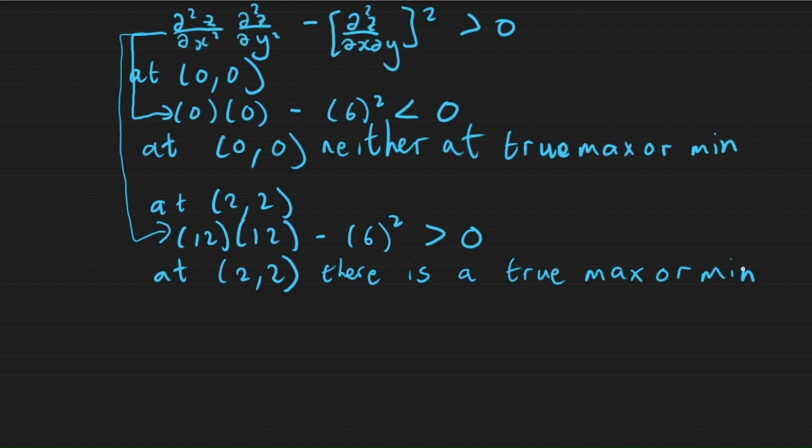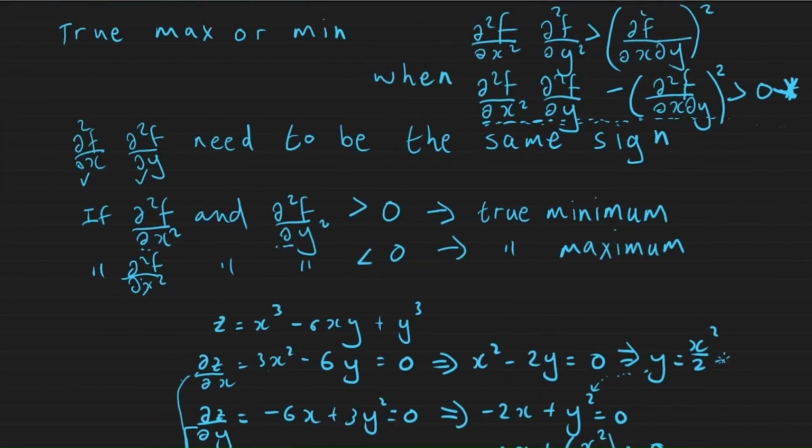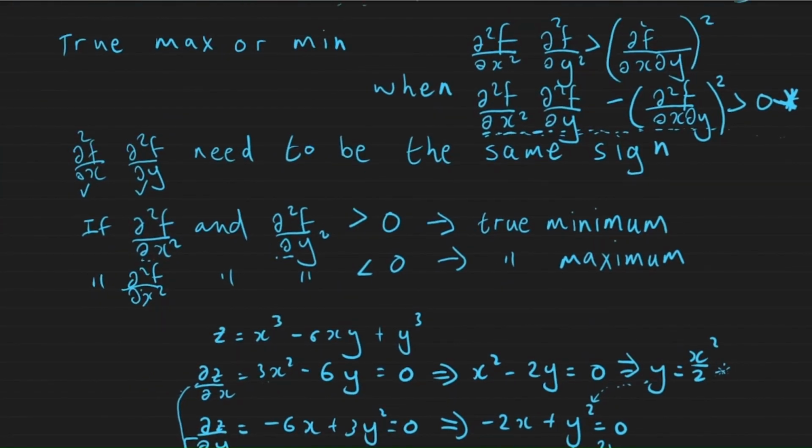How do we go about determining it? We just use the signs of the derivatives. You can just go back up. We see that if the second derivative with respect to x and the second derivative with respect to y are greater than 0, then we have a true minimum. And if the second derivatives are less than 0, then we have a true maximum. So now let's look at the signs of the derivative.